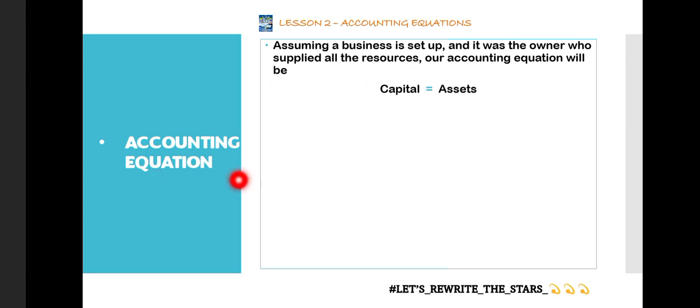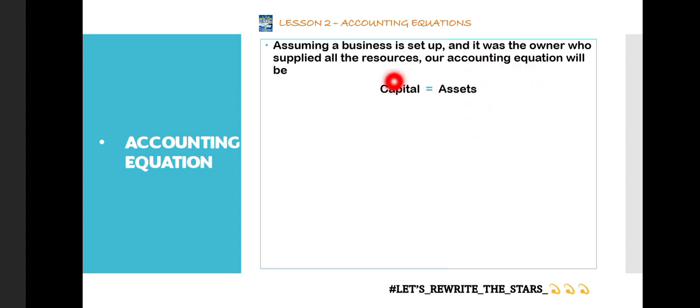We are dealing with accounting equations, so that's what we are doing now. As simple as that. The business does not have any property. So because the business does not have any property, anything that is supplied by the owner, which is the capital, becomes the property of the business, which is known as the assets. So the property of the business is called the asset.